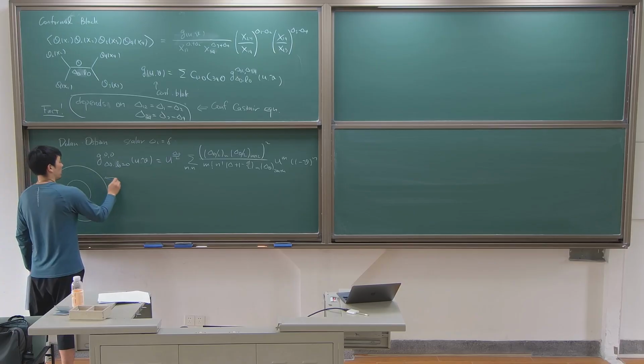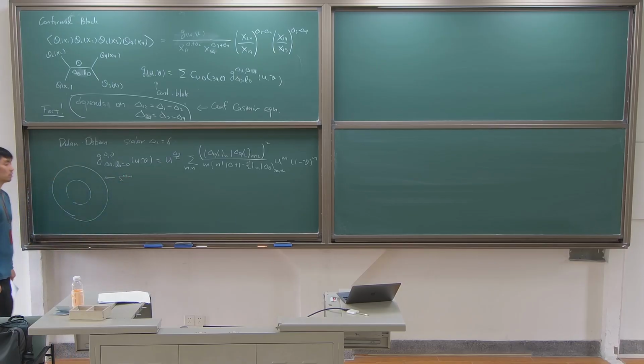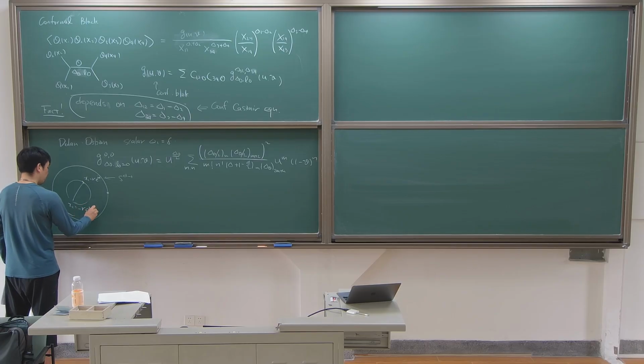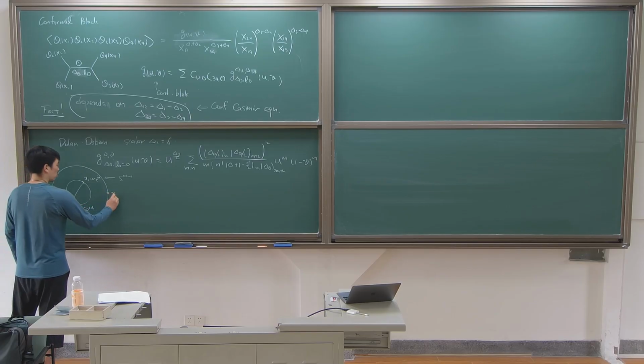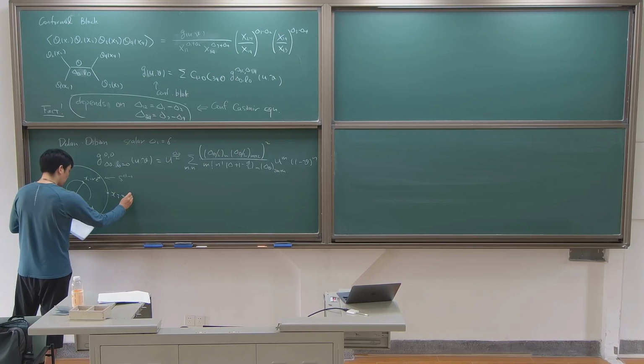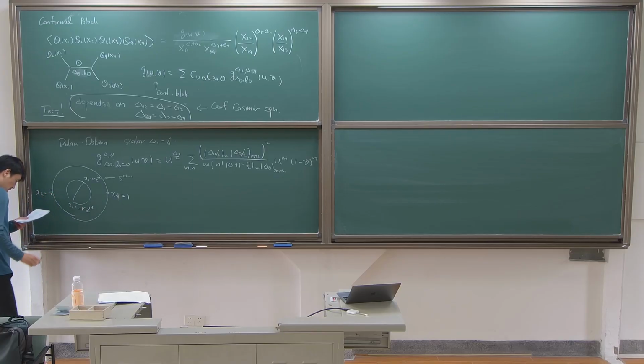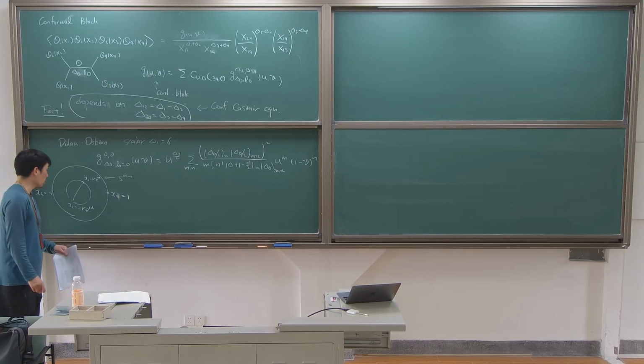Therefore, this is the S^(d-1) sphere, and I put x1 here. x1 is r times e to the i alpha, and x2 is minus r times e to the i alpha, and I put x3 to be 1, and x4 to be minus 1.